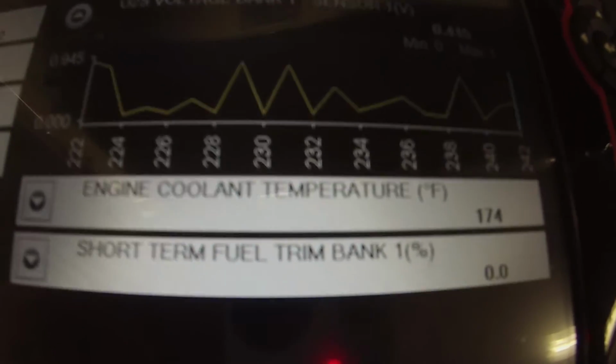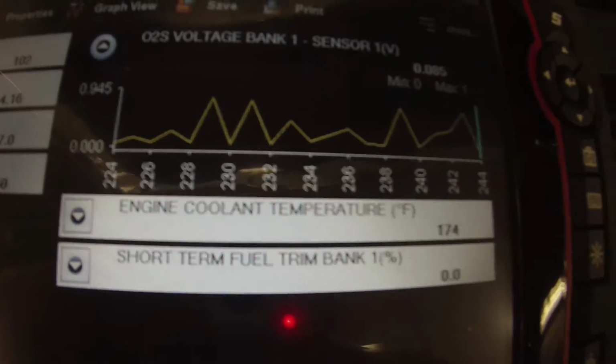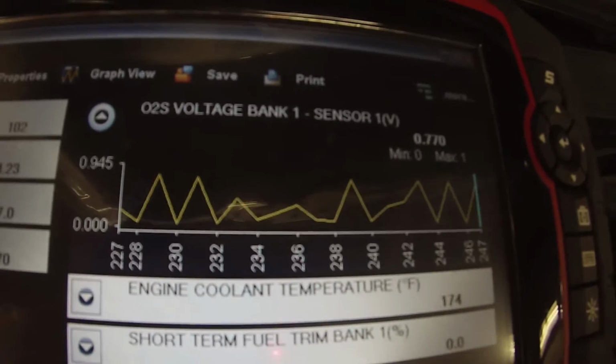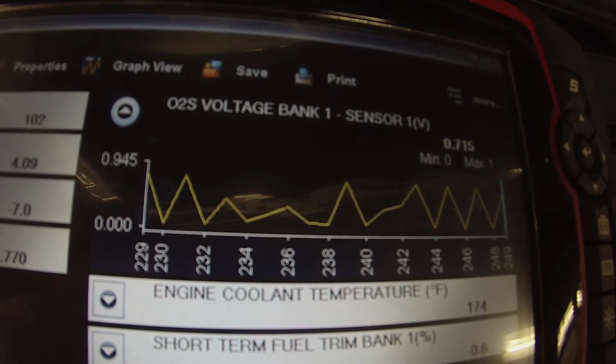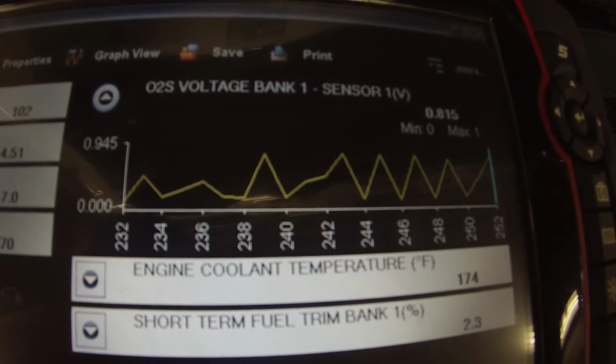Right now the short term looks okay. Given that it was a rich condition, my O2 is staying at 800, 900 millivolts. Anything above 450 is known as a rich.